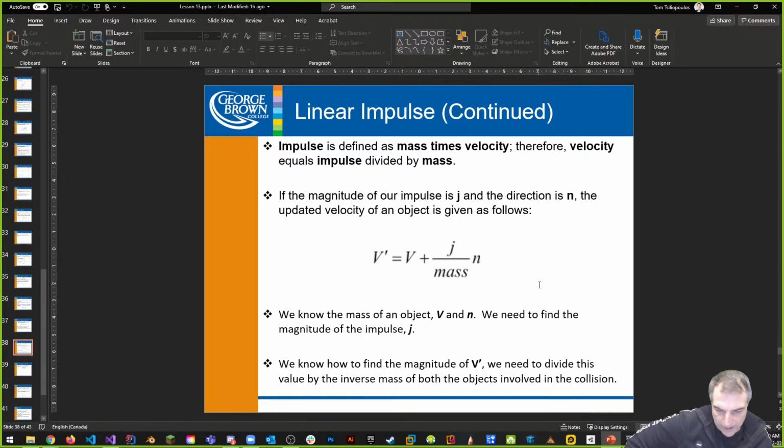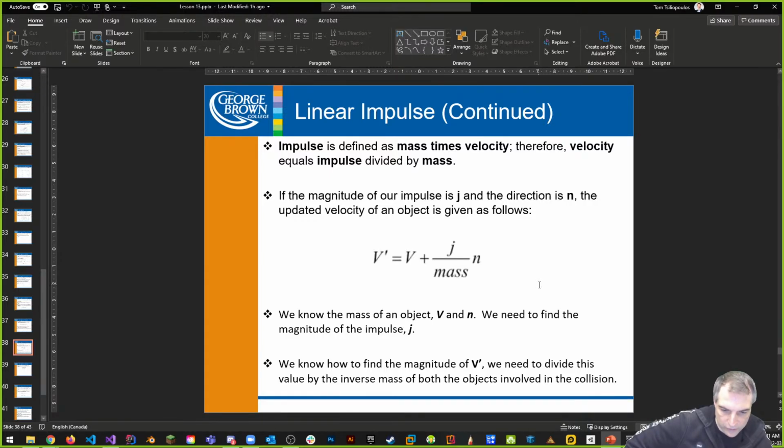Impulse is like a moment, tied to momentum, where momentum is mass times velocity. If we take the instantaneous change in velocity, that's the impulse for that particular mass. So velocity equals impulse divided by mass if we move things around.